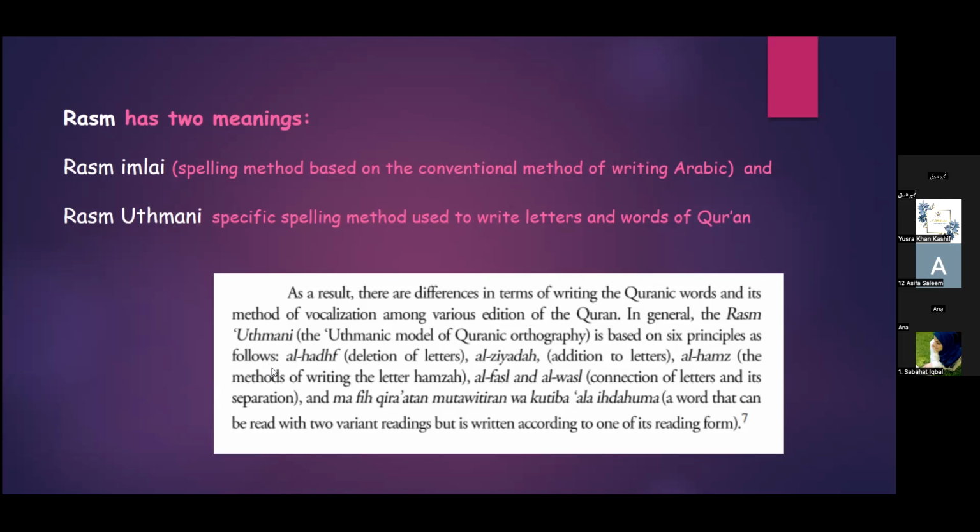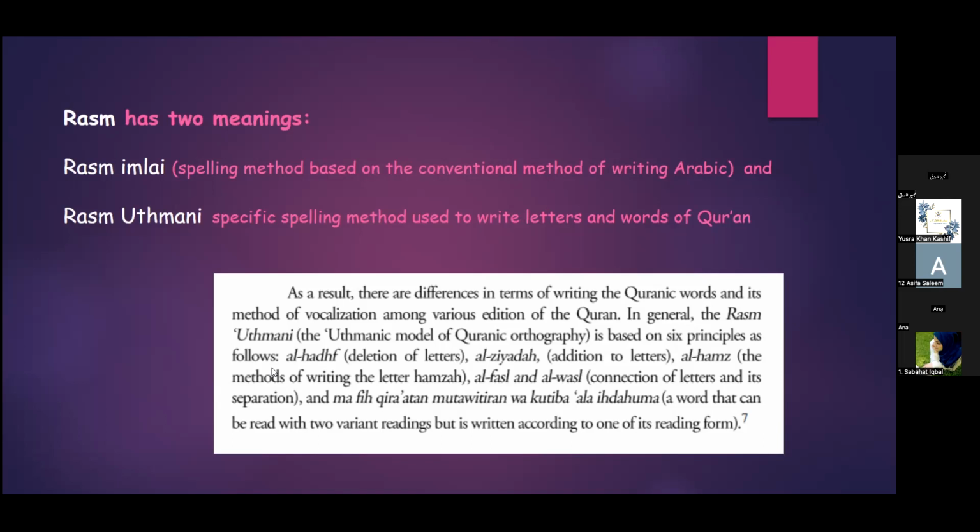For example, the word Maliki, as we just discussed, has 2 ways of reading. So you have to decide which one you want to choose for writing. Are you going for the Maliki or the Maliki? Uthman radiyallahu ta'ala anhu decided to write it without an alif added after the mim. So Maliki is the standard writing for the word. However, the reading can be variant, read in more than one way.